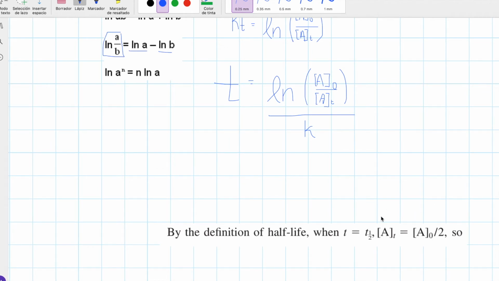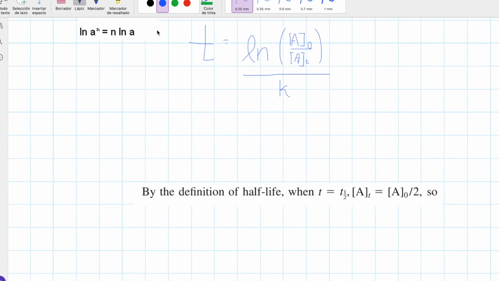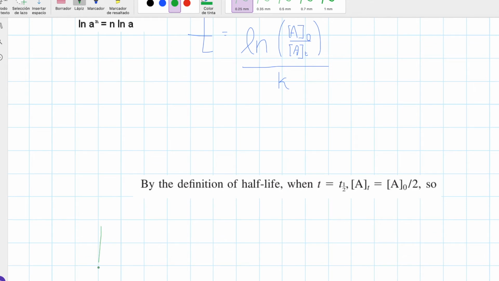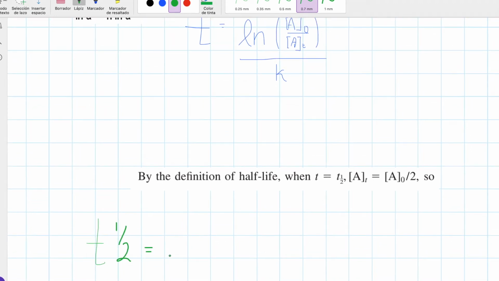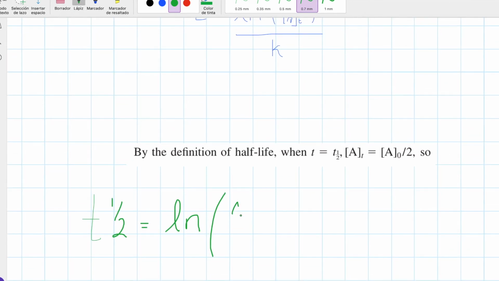So now that we solved for t, we want to solve for the half-life equation. Remember that t is going to be t1/2, and our current concentration is going to be initial concentration over 2. So let's go ahead and change our formula. It's basically the same, but we have half-life.